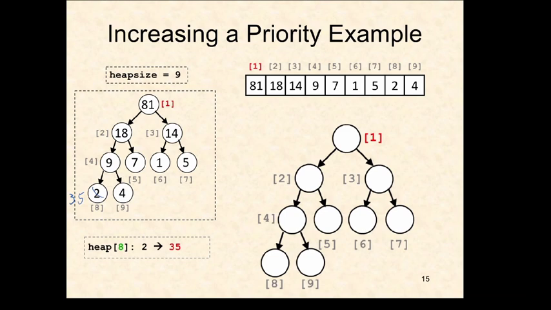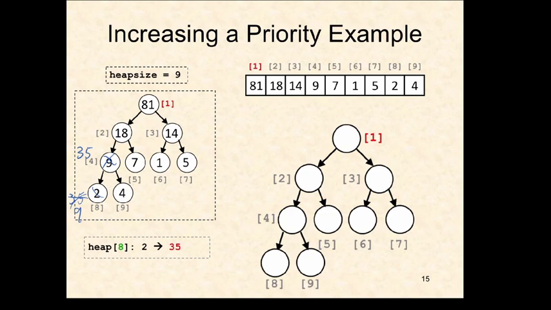How could we get this back to being a heap again without changing any more values? If we leave the values the way they are, but we want to get it back to being a heap, that 35 has to move up. So if we swap 35 with 9, so 35 moves up and 9 moves down, then we look again.